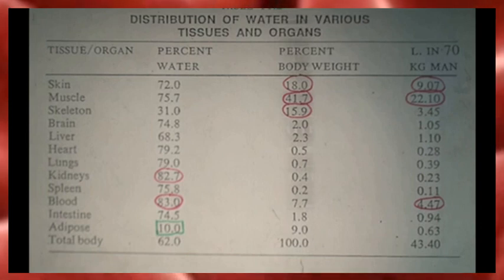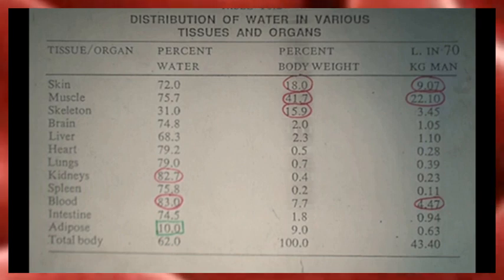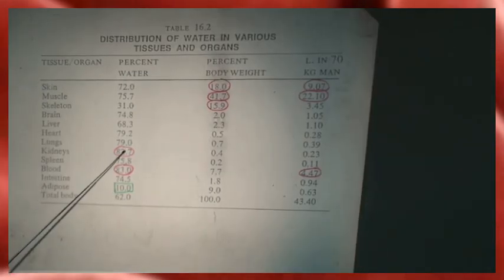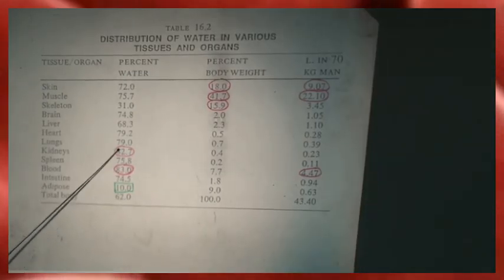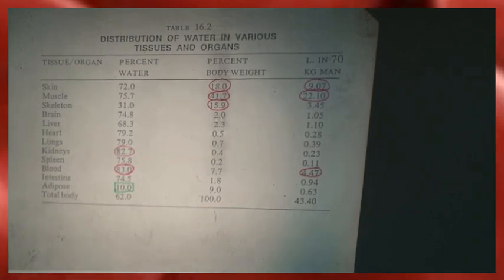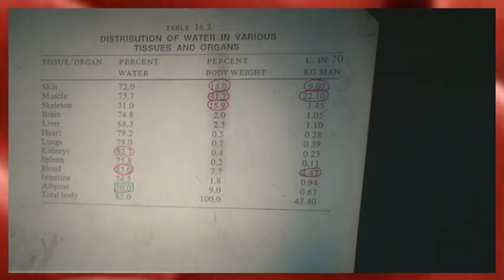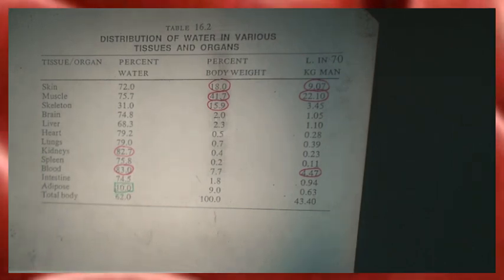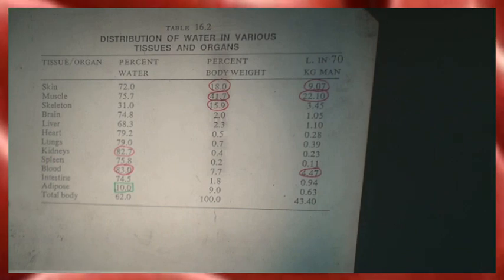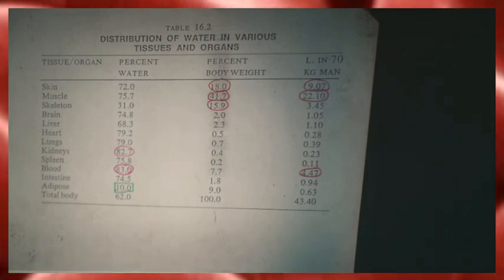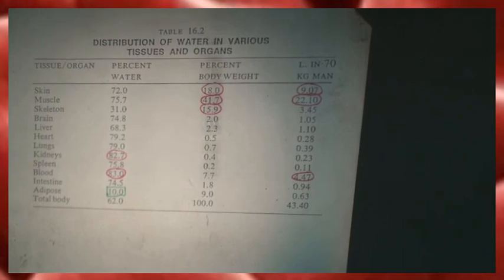You see distribution of water in various tissues and organs. Here, percent water. You see the highest in the blood. Then comes kidney, and the least, adipose tissue. This is percent to body weight.